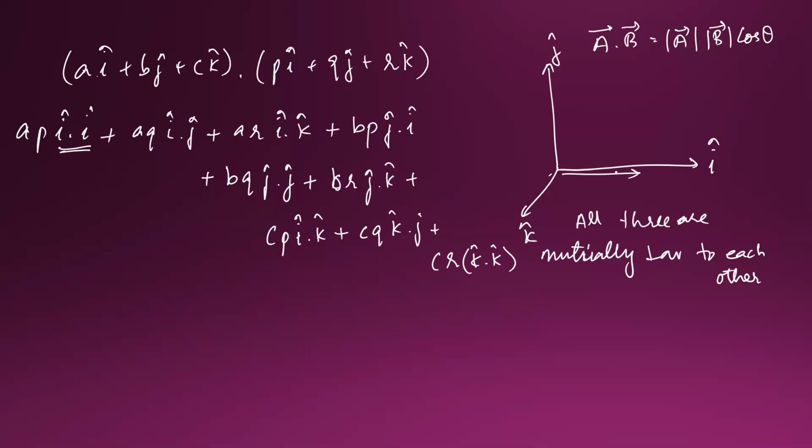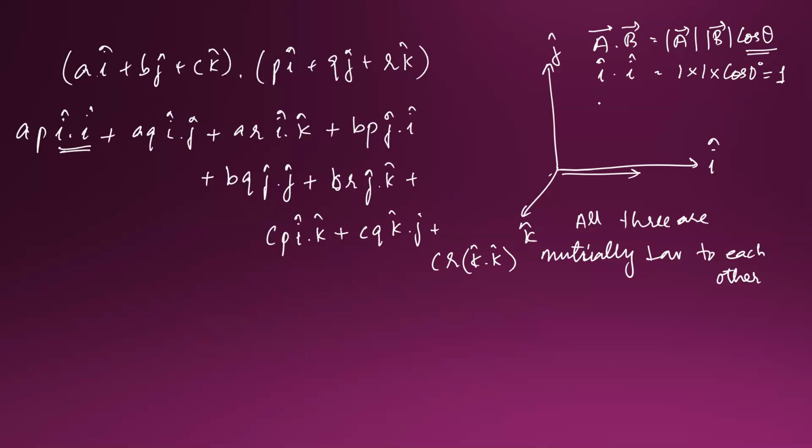So i cap is the unit vector. The magnitude of this i cap is 1, the magnitude of the other i cap is also 1, and the angle between them is 0 degrees. So cos 0 is 1. That means i dot i will be equal to 1.